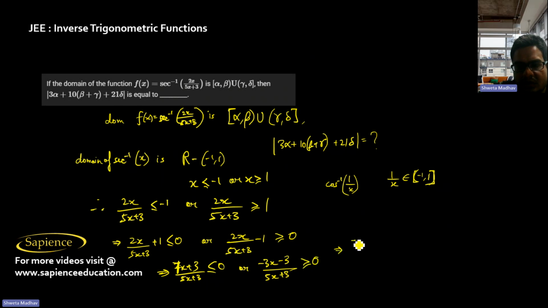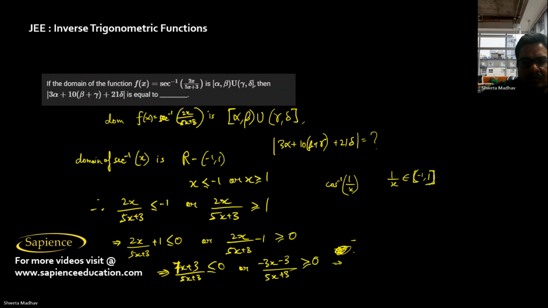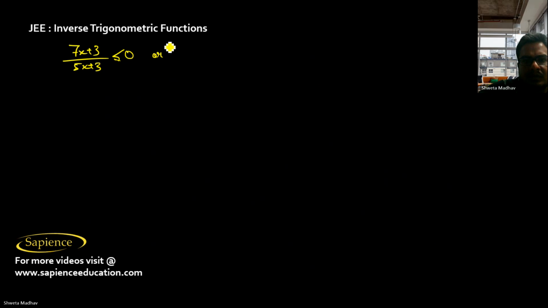So either 7x plus 3 by 5x plus 3 is less than or equal to 0, or 3x plus 3 by 5x plus 3 is more than or equal to 0.